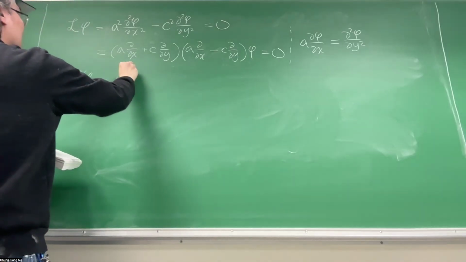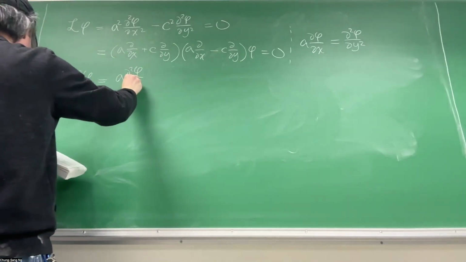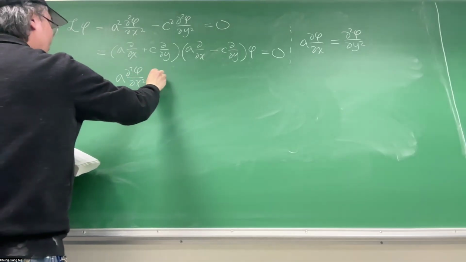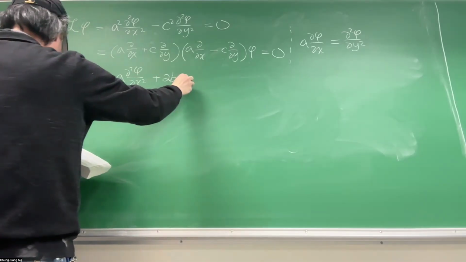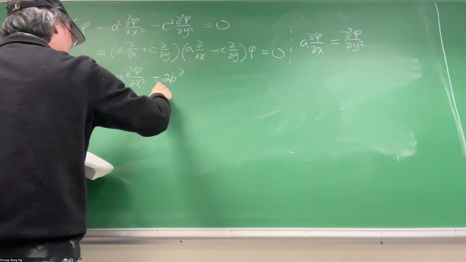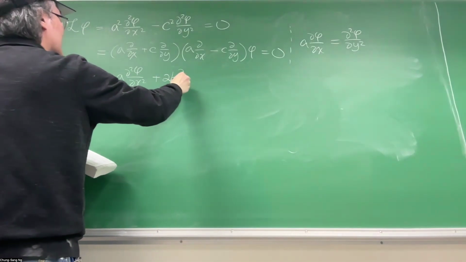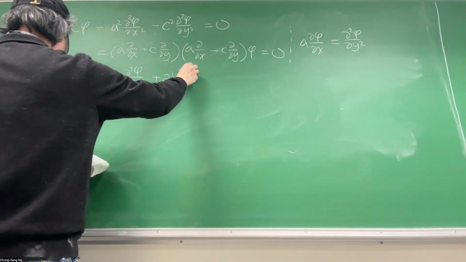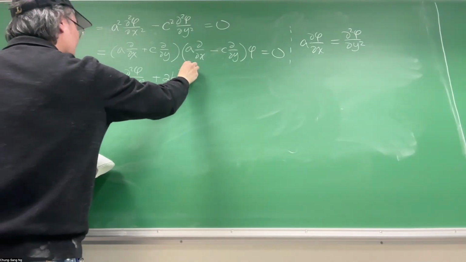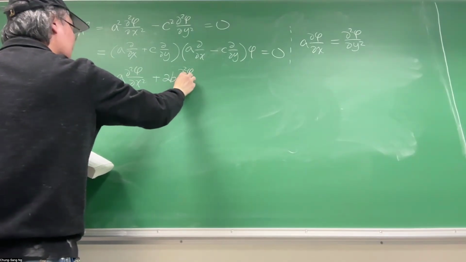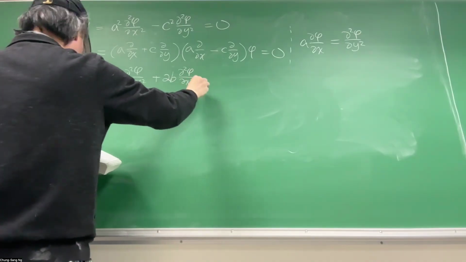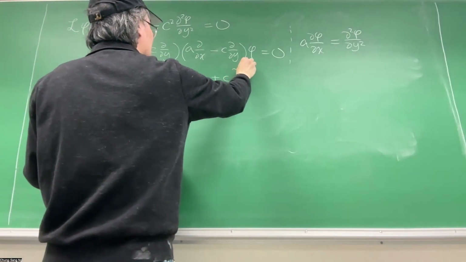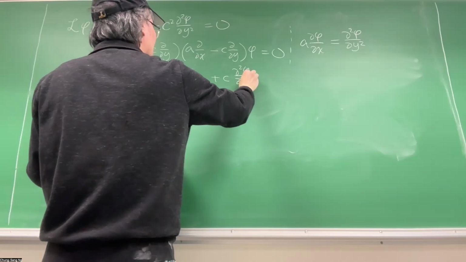You have A times the second derivative in x, and then the cross term has a factor of 2 in the coefficient, just for convenience, plus C times the second derivative in y.